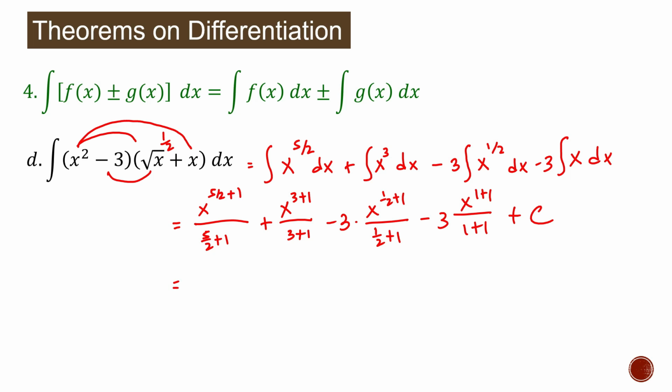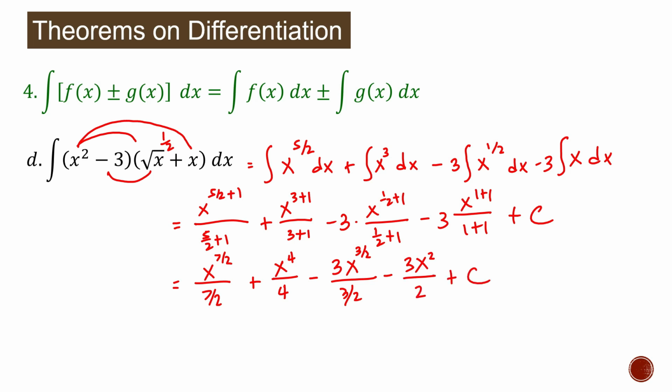So this is equal to x raised to 7 over 2 over 7 over 2 plus x raised to 4 over 4 minus 3 x raised to 3 over 2 over 3 over 2 minus 3 x squared over 2 plus c.